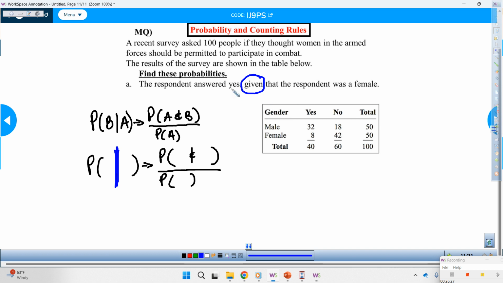So what came before that, everyone? Yeah, so I'm going to use the letter Y. What came after it? The respondent was what? So then I would write F. So that means in our formula it's P of Y given F. And that should help you fill this up. Is that correct? Yes, Mr. Q.